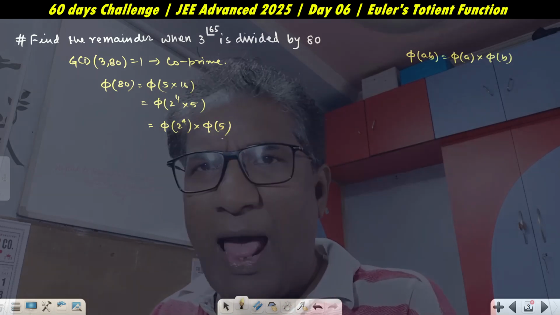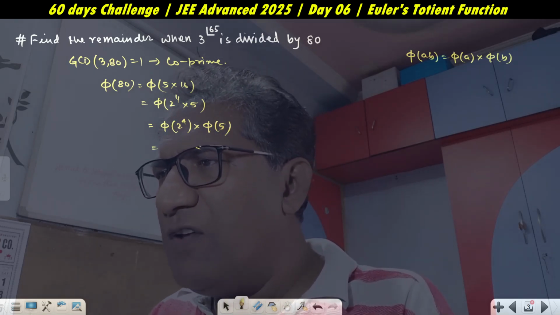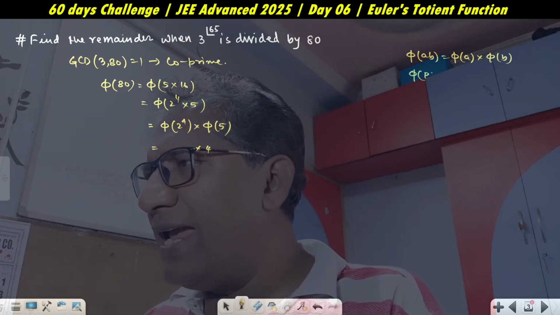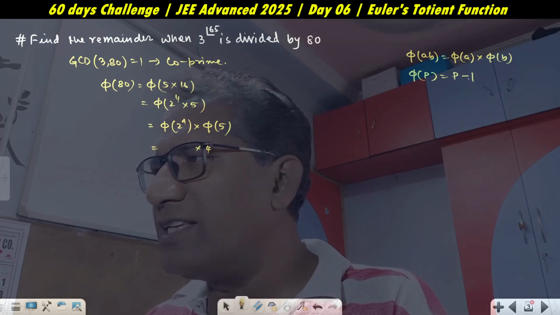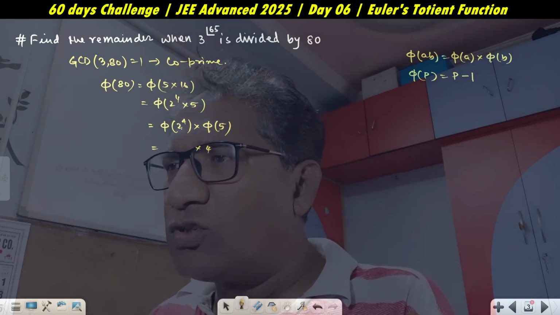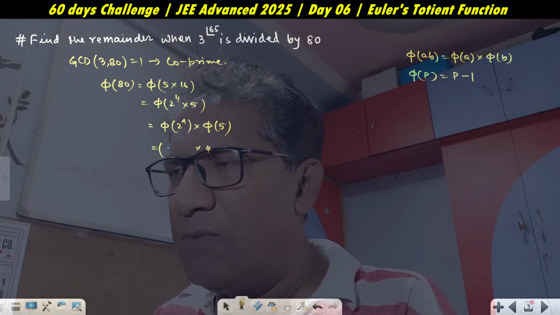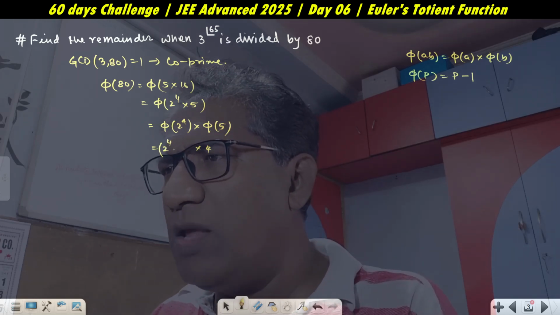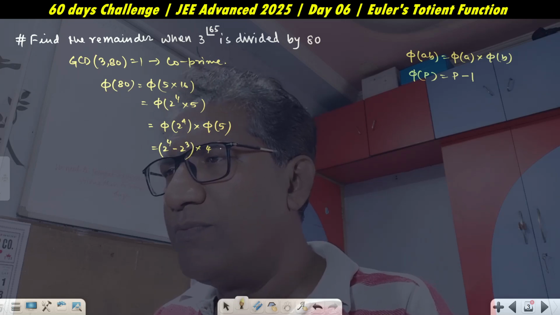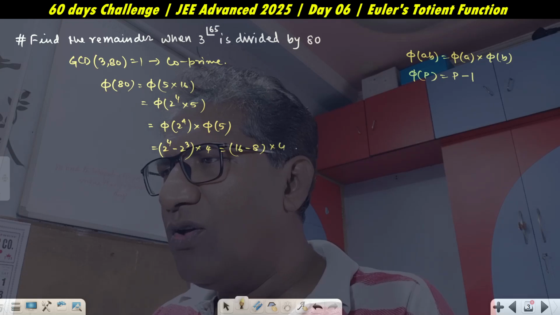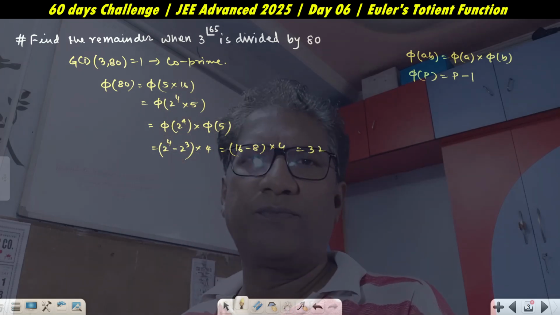Now, 5 is a prime number, so it will be 4. I know the formula that for any prime, the Totient number is p minus 1. And for 2 to the power 4, 2 is a prime, so the Totient number will be 2 to the power 4 minus 2 cube. So we have 16 minus 8, that is 8, into 4, so 32.